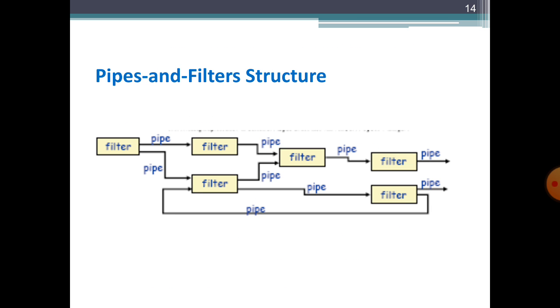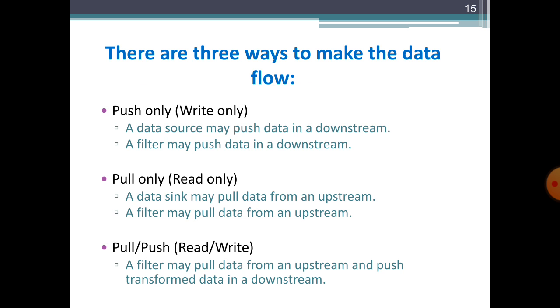A pipe is placed between two filters, and a filter is an independent data stream transformer. It reads data from its input data stream, transforms and processes it, and then writes the transformed data stream over a pipe for the next filter to process.